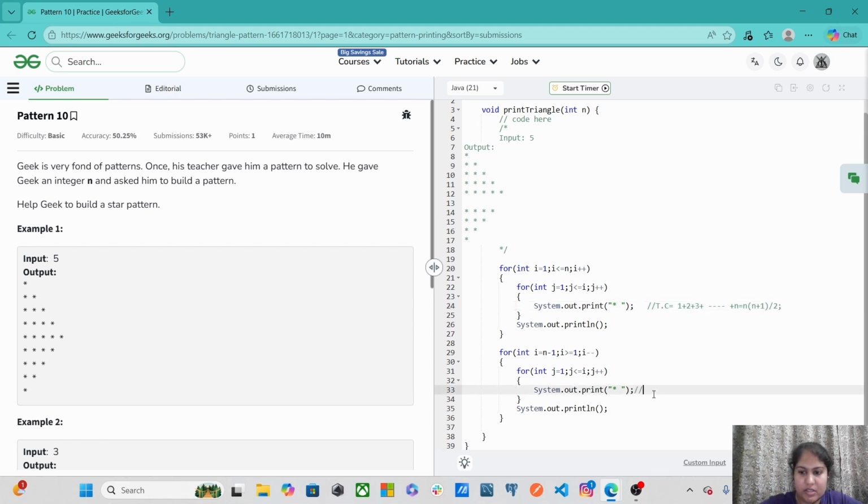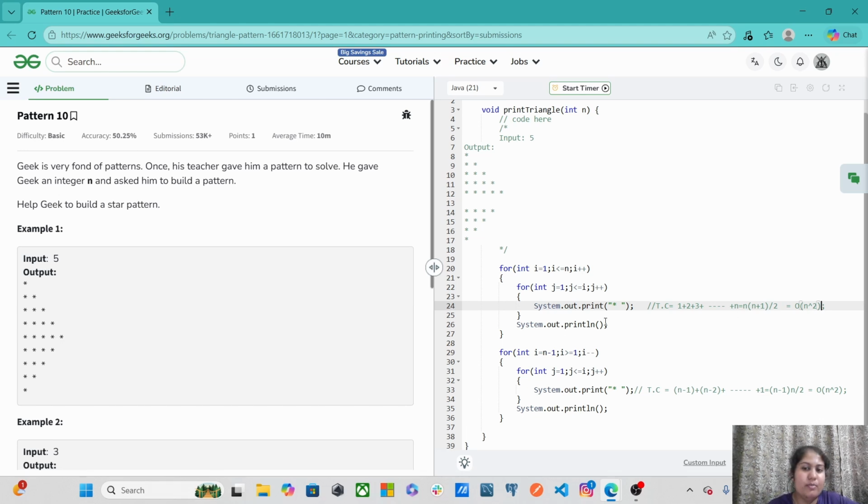The time complexity for the second is n minus 1 plus n minus 2 plus till 1, so it is n minus 1 into n divided by 2. So it is also big O of n square. Hence the total is big O of n square plus big O of n square, which is big O of n square.